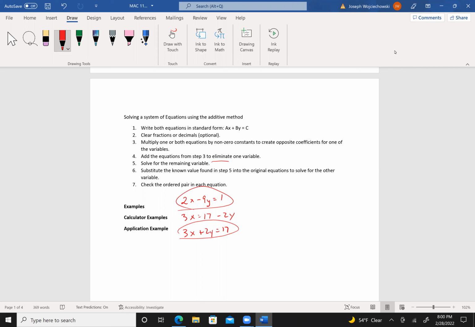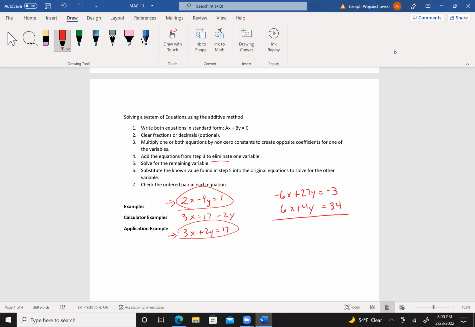Now, if I multiply this entire equation by -3, I get -6x plus 27y equals -3. Okay? If I multiply this one by 2, I get 6x plus 4y equals 34.